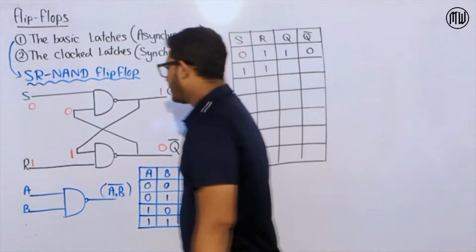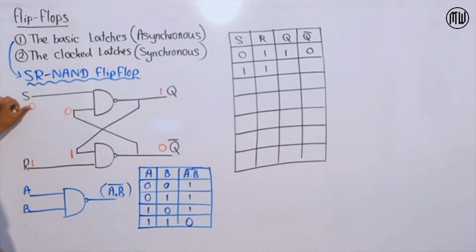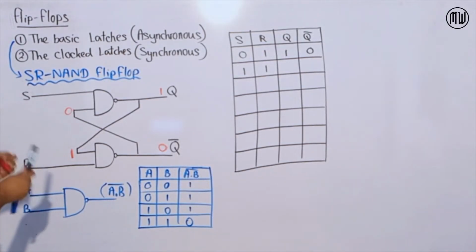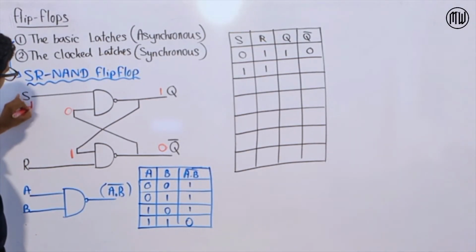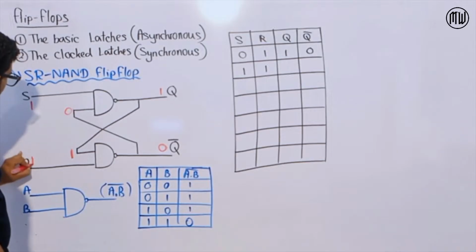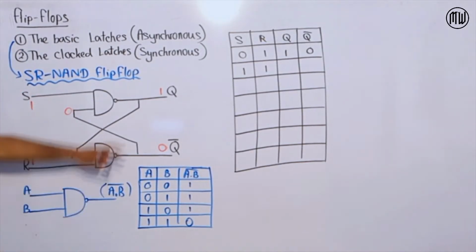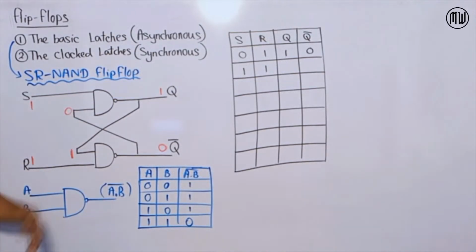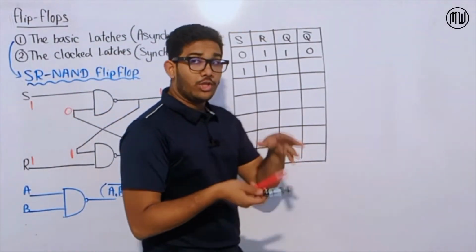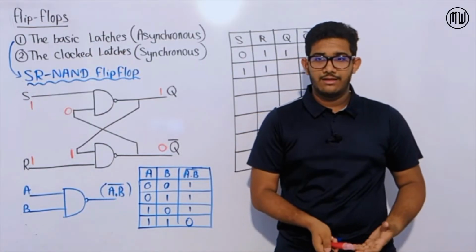Obviously not the inputs, because the inputs just changed to 1 and 1. What they remembered was actually Q. Now you might think both Q and Q bar must be saved here. Not really.